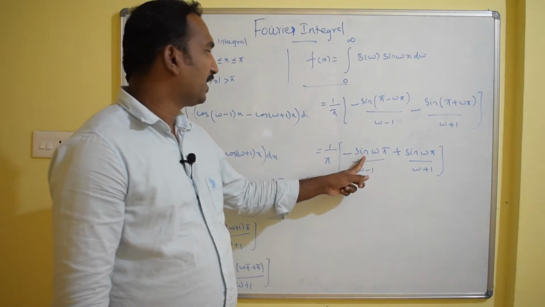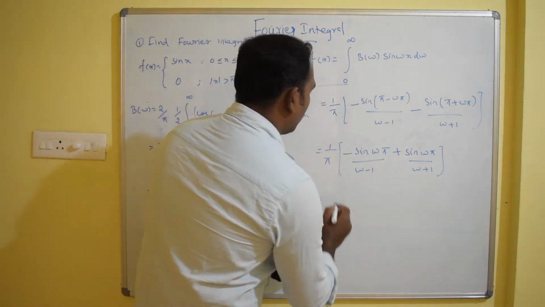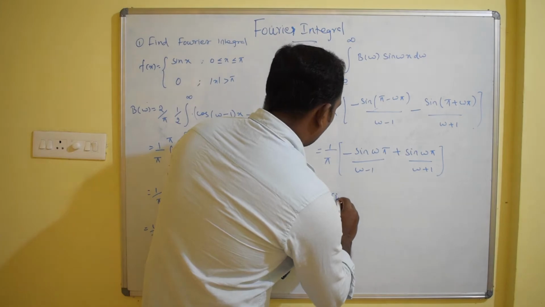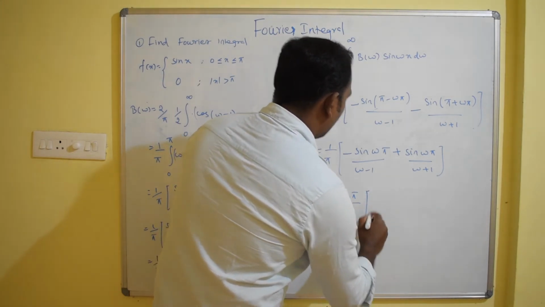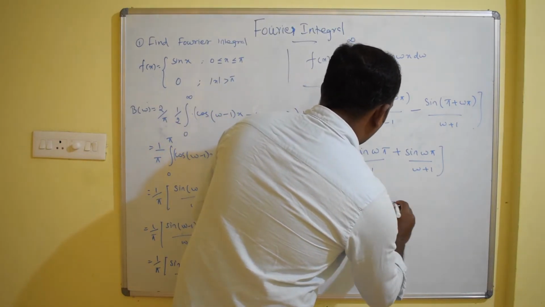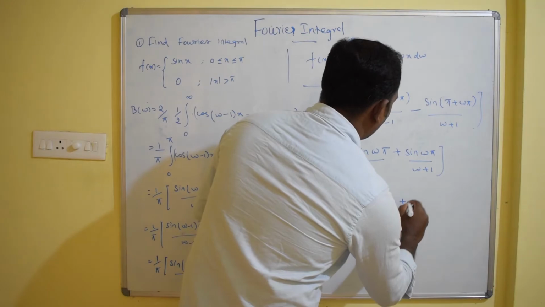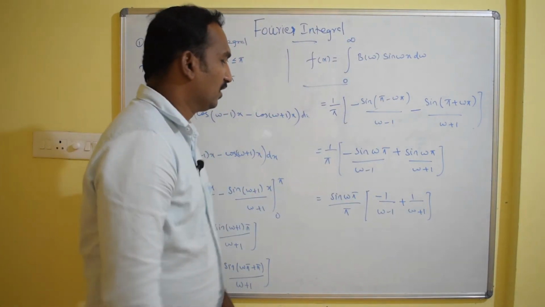And from here we can take sin omega pi outside, so this will become sin omega pi divided by pi into, so this is the negative value, so minus 1 divided by (omega minus 1) plus 1 divided by (omega plus 1), and take LCM on both sides.